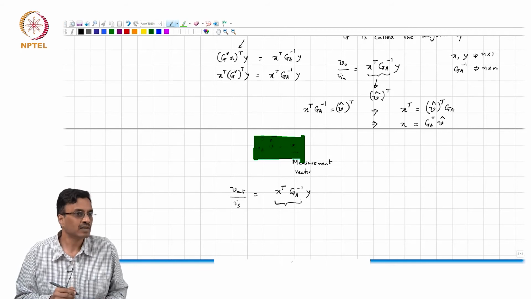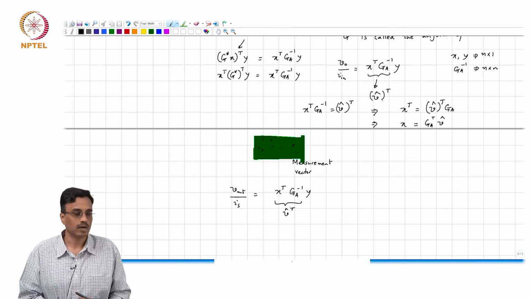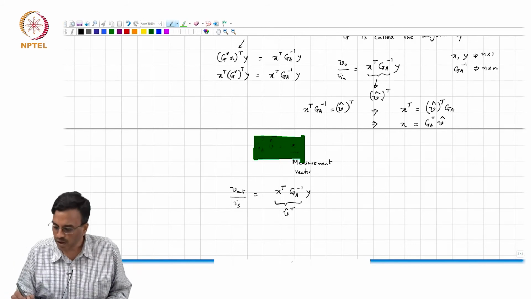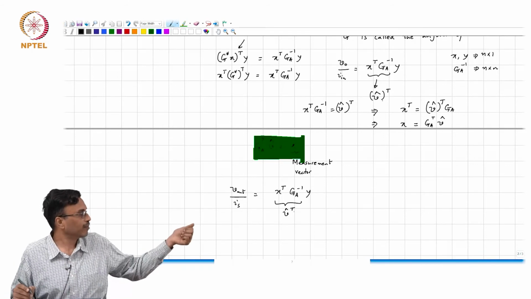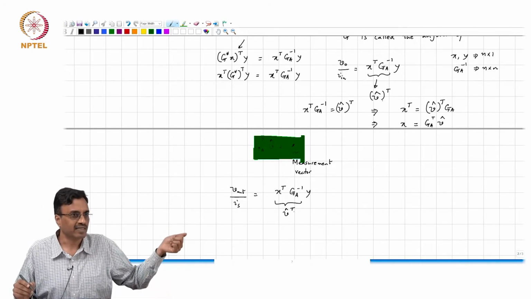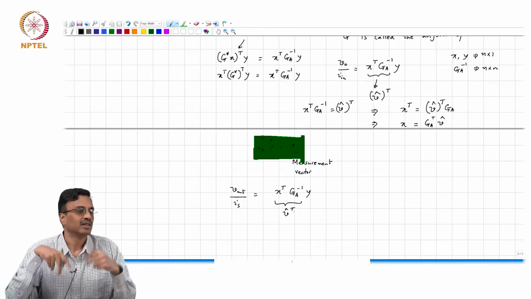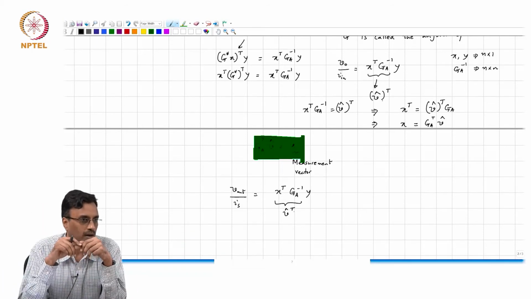It is V hat transpose. And once we have V hat transpose, finding the various transfer functions from multiple inputs is simply a matter of multiplying V hat transpose with whatever input you want, correct?